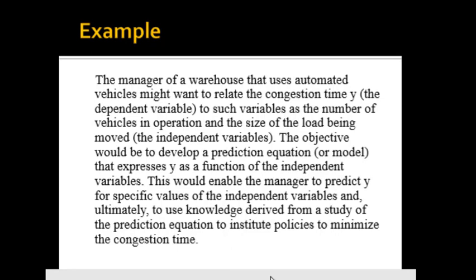Okay, so the congestion time depends on these two variables. So if we can come up with a prediction equation or model that will express y as a function of these independent variables, then we can use this prediction equation to predict the y for a specific combination of these independent variables and use this knowledge to, let's say, institute policies to minimize congestion time.